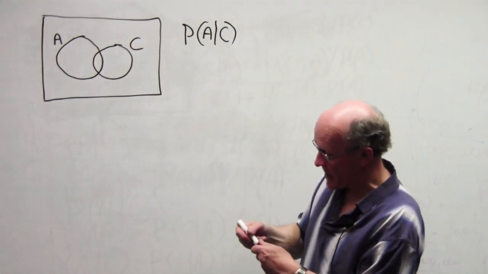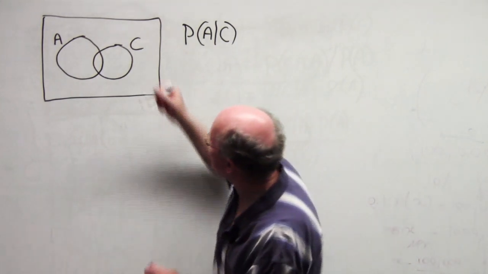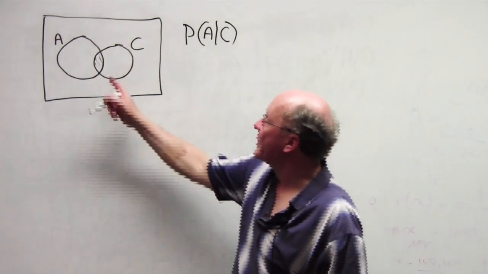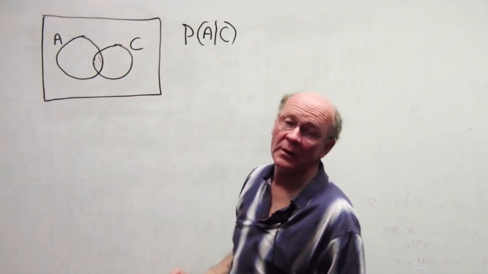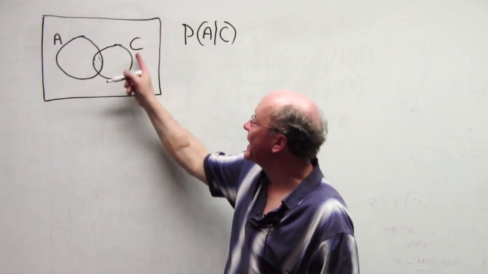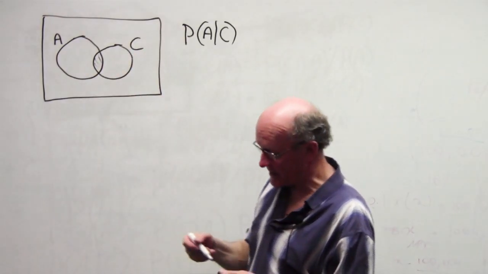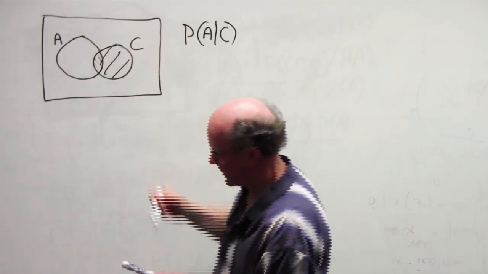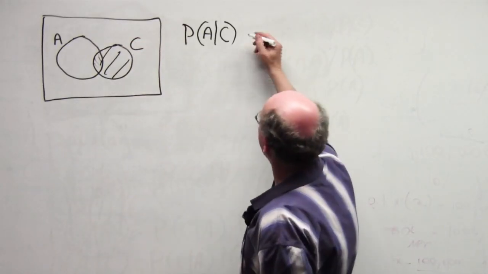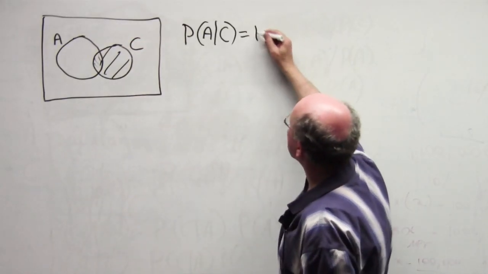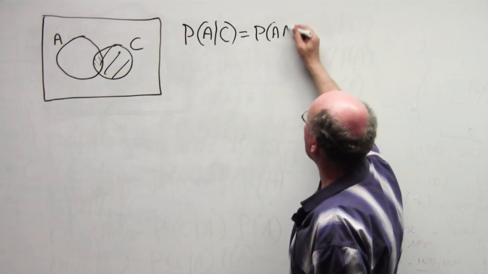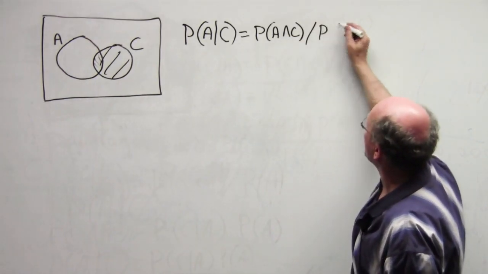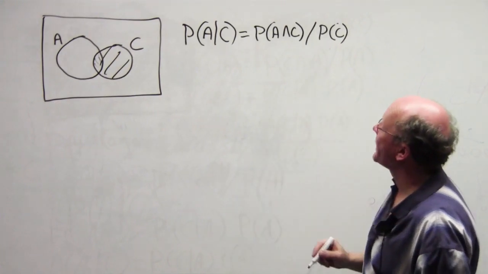That's the probability of these occurrences in through here, these days in which we have both A and C, given that event C occurs. So the probability of A given C is the probability of A and C divided by the probability of C.